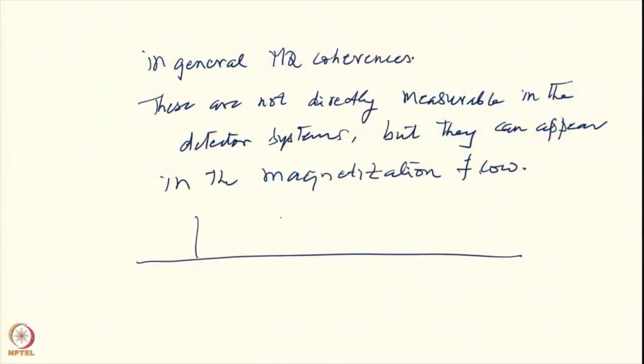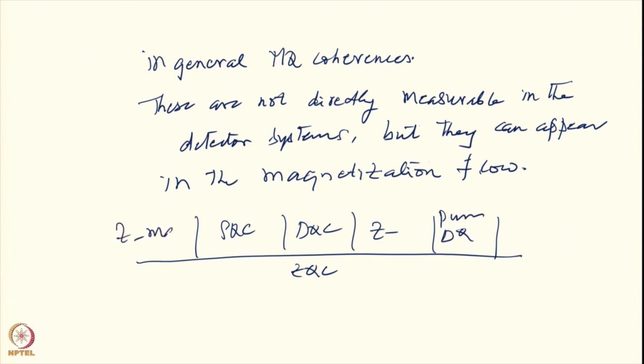So, in the general scheme, you can have single quantums here, you can have double quantums here or zero quantums there, or you can have Z magnetization, you can have pure double quantum. I am just randomly writing here what all things can happen, coherences, and here you have Z magnetization.